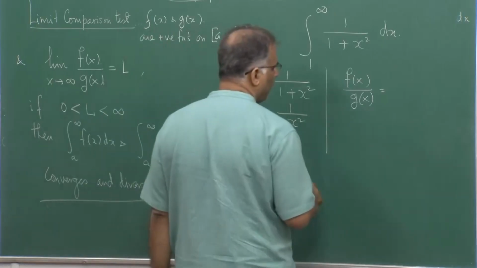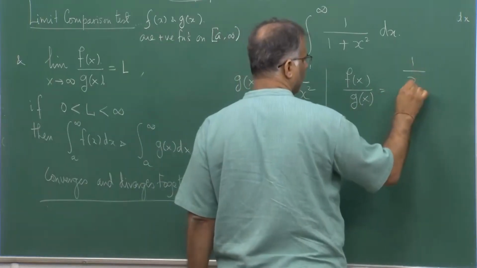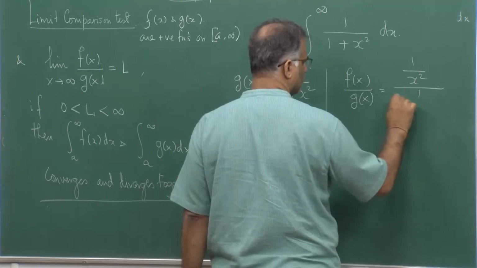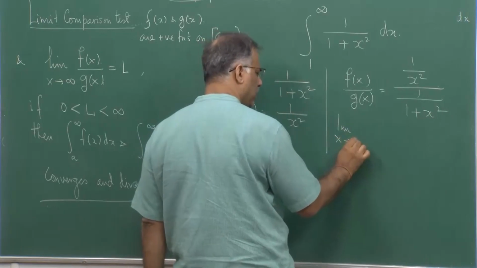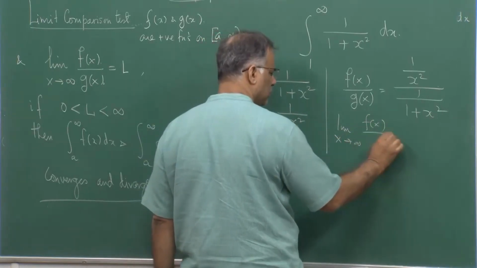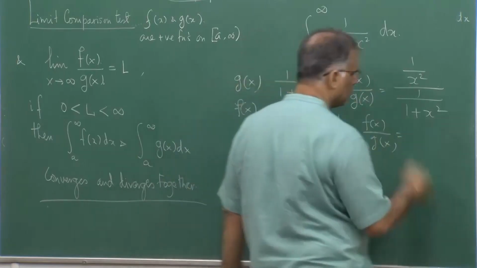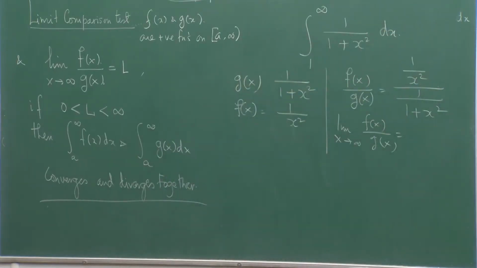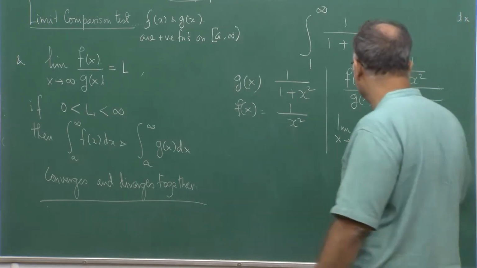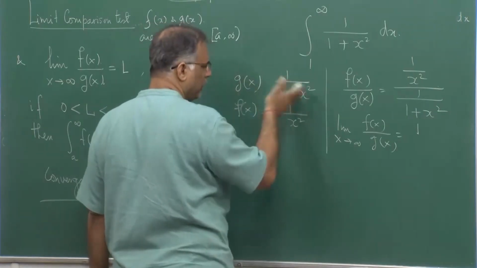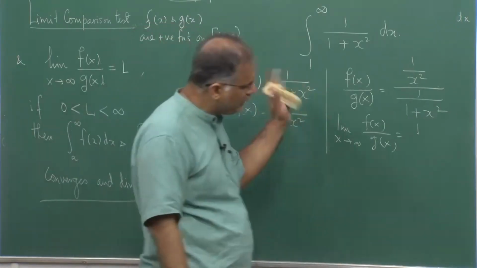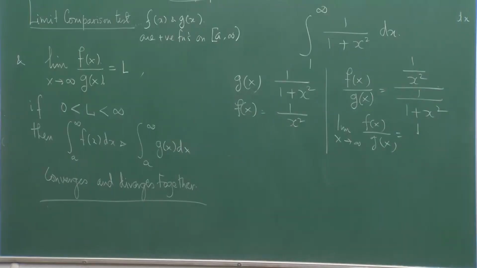So, this will become 1 by x square. The limit as x tends to infinity of f(x) by g(x) is equal to 1. But I know the integral from 1 to infinity of 1 by x square converges, so this also converges. This actually does not really require the limit comparison test, but it has been done.